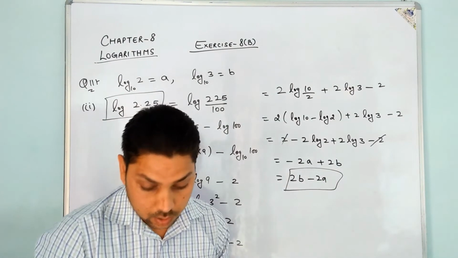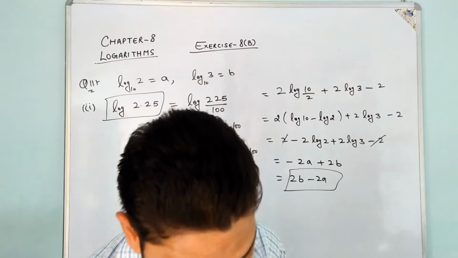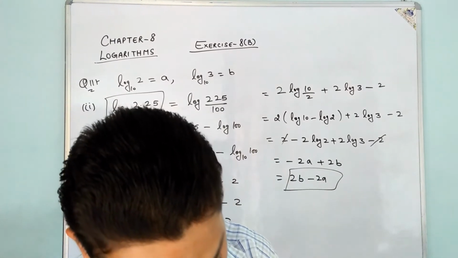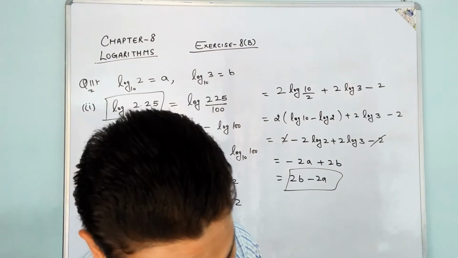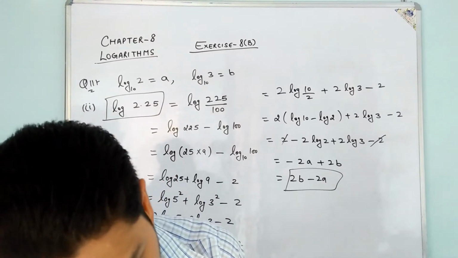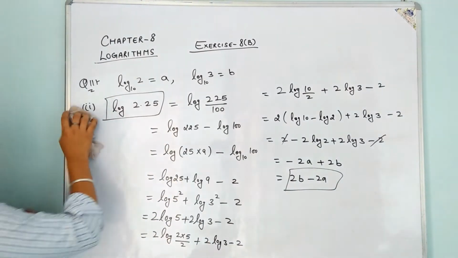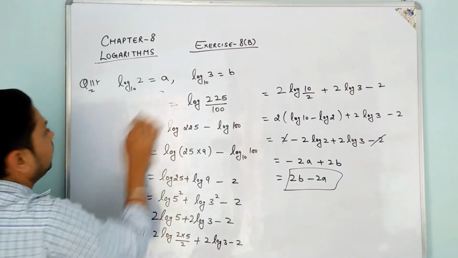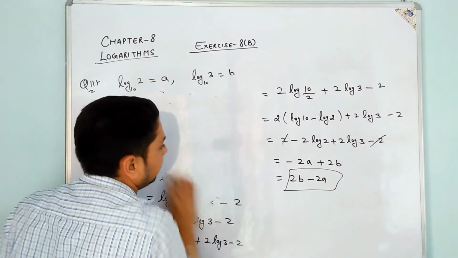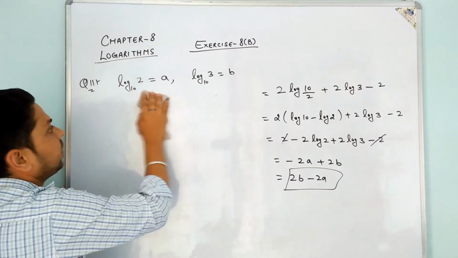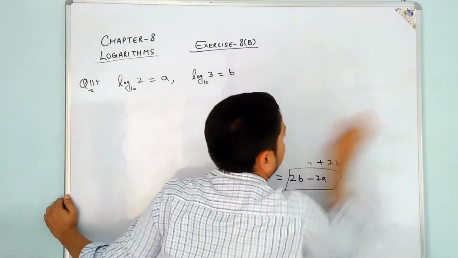So we have expressed the term log of 2.25 in terms of a and b. Another part, which is given here, is log of 3 1 by 8. A mixed fraction is given here.